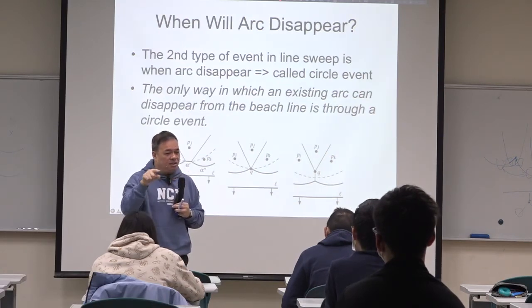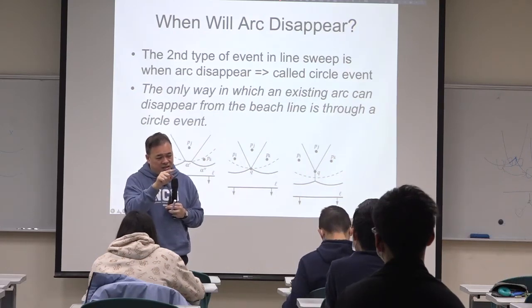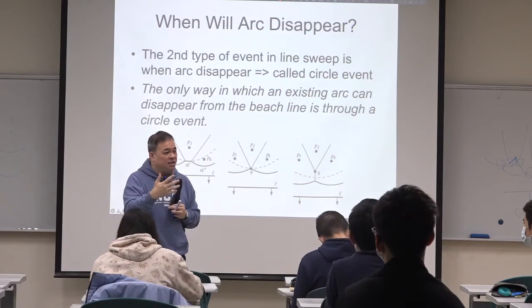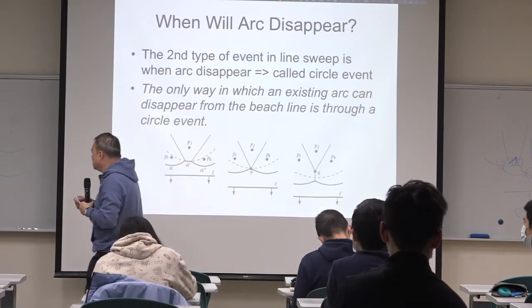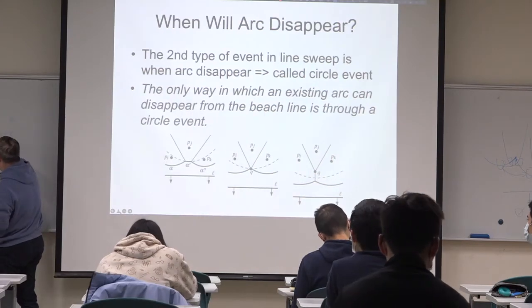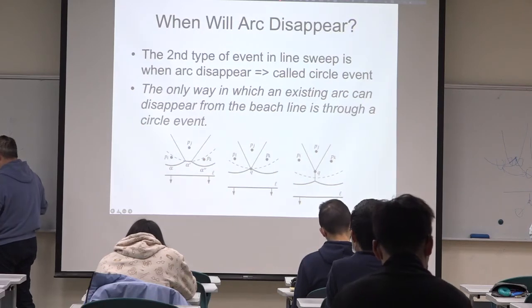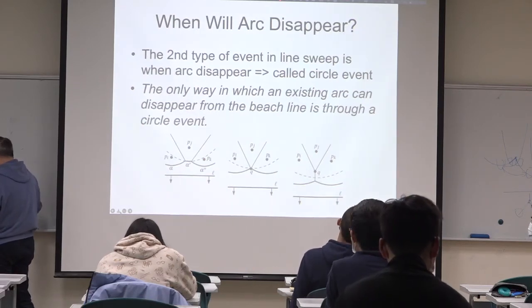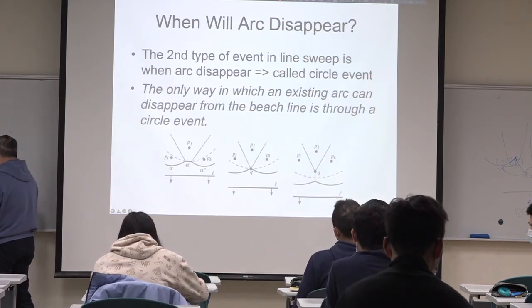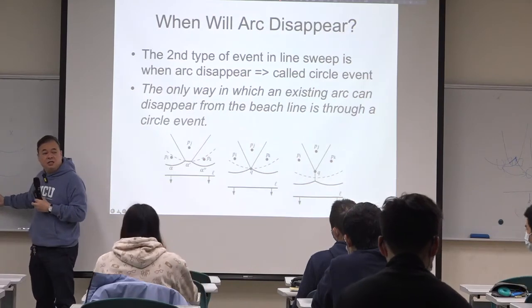If those parabolas contributing to this event are still active, we consider it. But if, for example, after this one is gone, the circle event of these 3 happens, say it's here at this point, it tells you, oh, we have a circle event here.